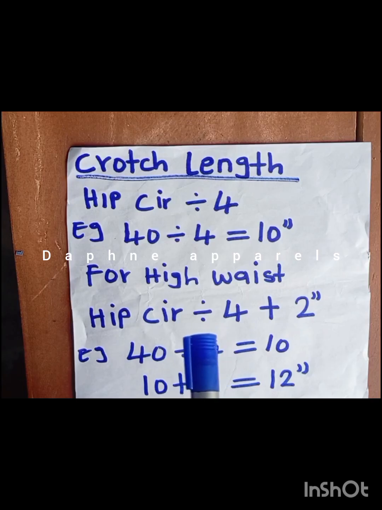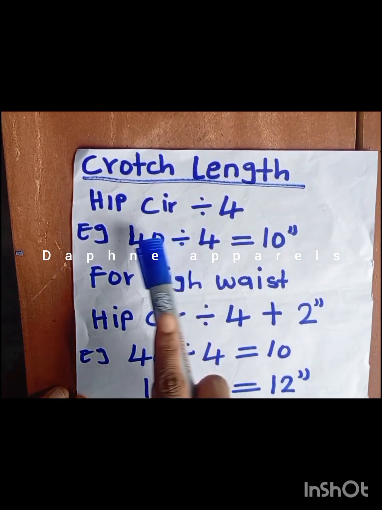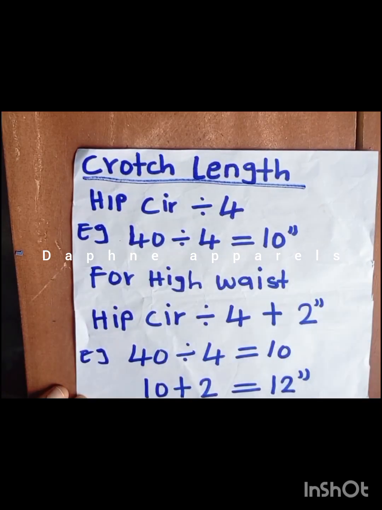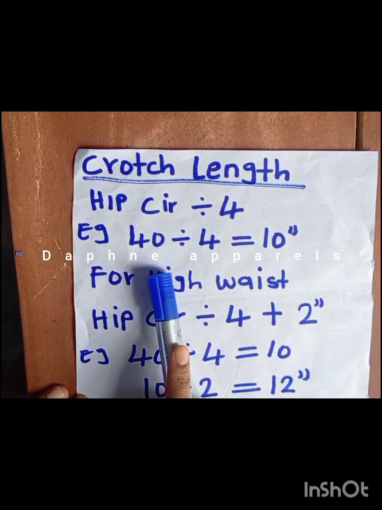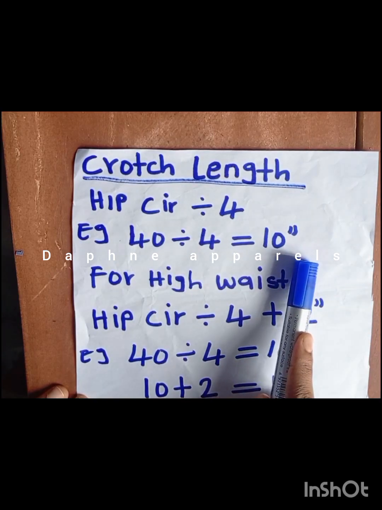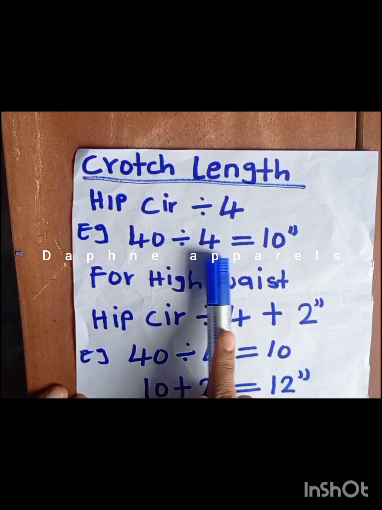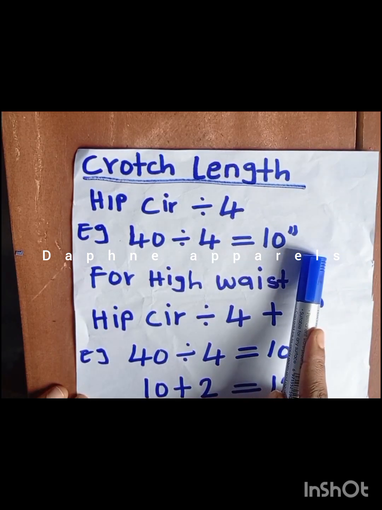The next formula is your crotch length, and the formula for this is hip circumference divided by 4. Example, someone with hip 40 divide by 4, it will give you 10 inches. And this formula right here is for normal waist line.